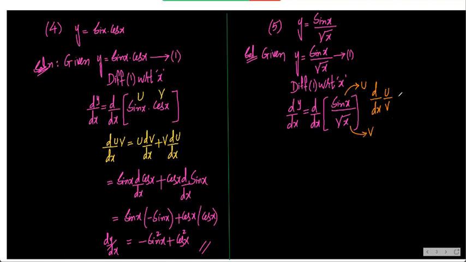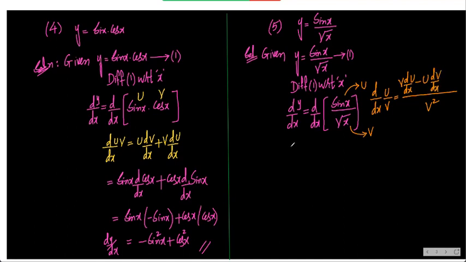So according to the formula, we should write v square here first, then v d by dx of u minus u d by dx of v.